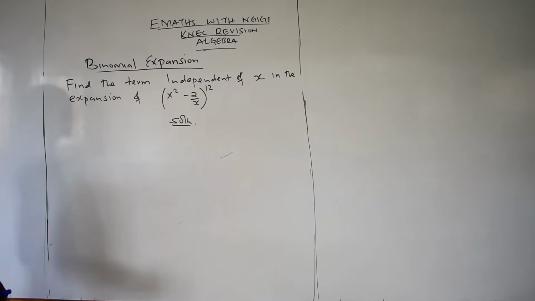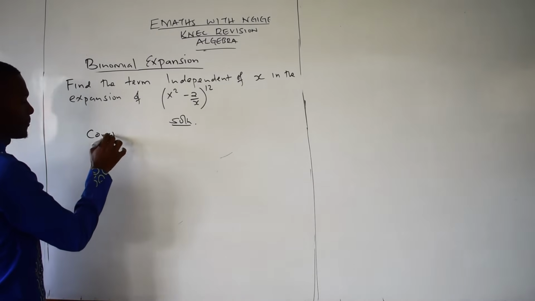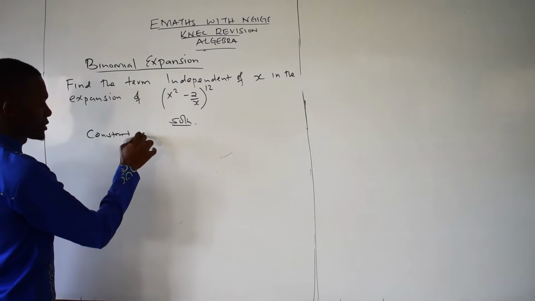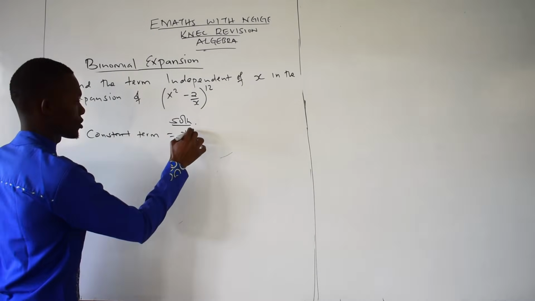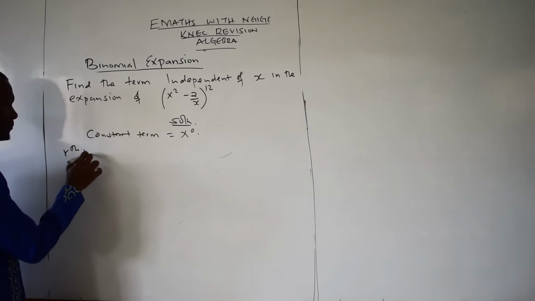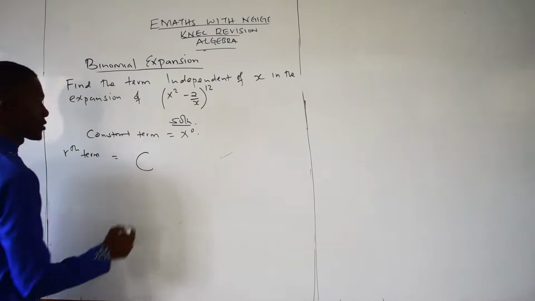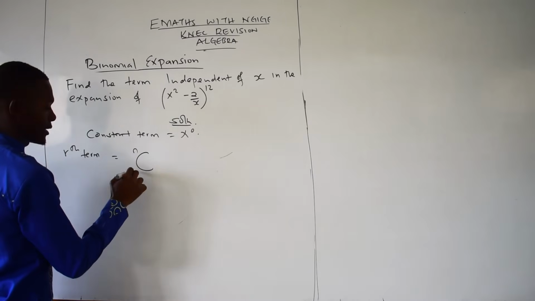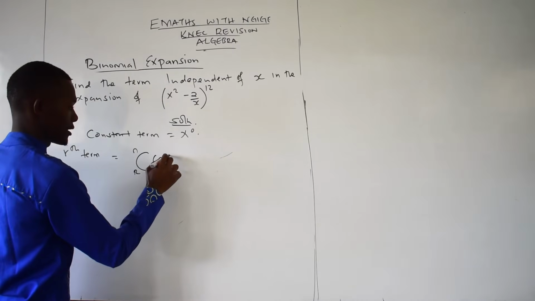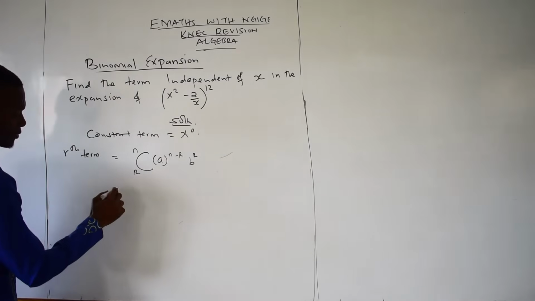So we are to find the term independent of x. That means you're finding the constant term. And we say the constant term is when your x equals 0. Therefore, your r-th term, in this case, we just say it is combination of n, r, a to power n minus r, then you have your b to power r.